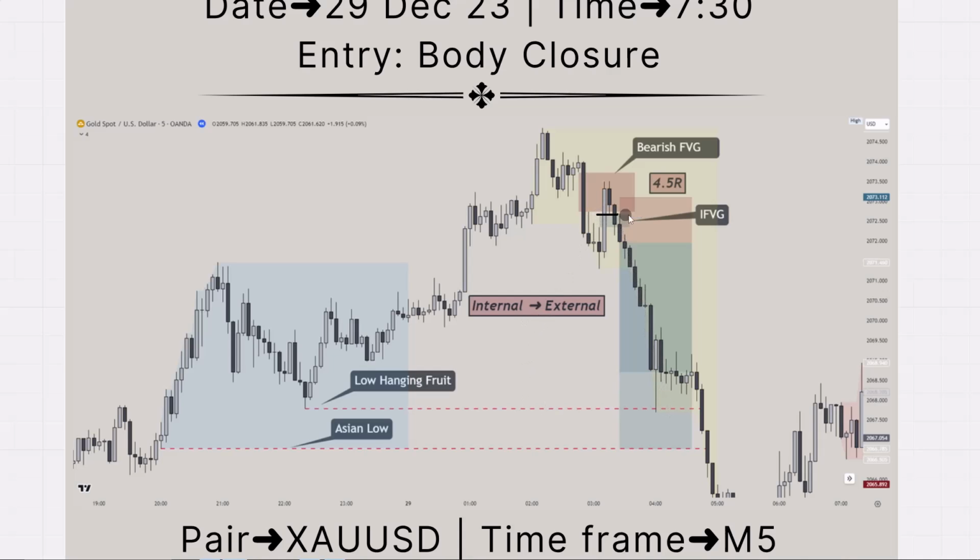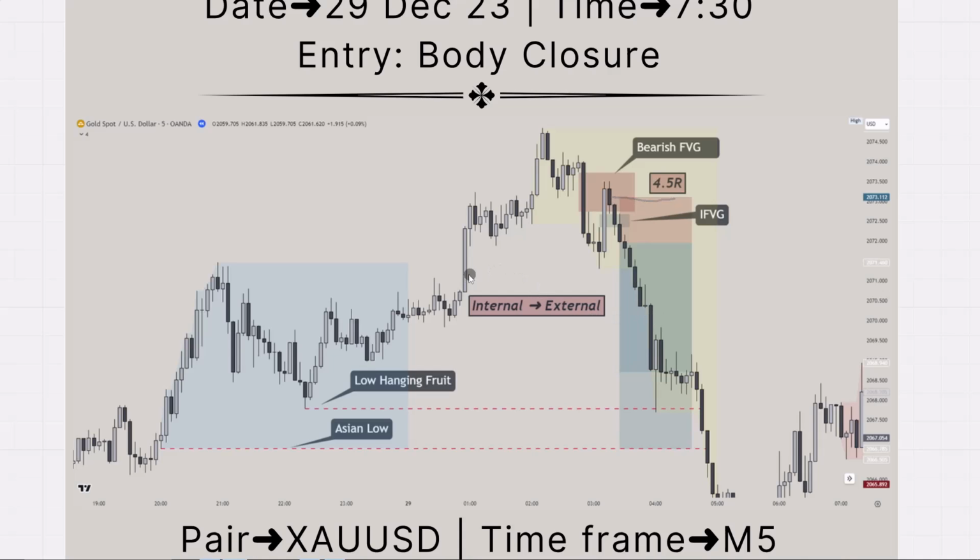So it's a bullish fair value gap, but we are already inside of a bearish fair value gap. When there is a violation of this fair value gap, it turns into an inverse fair value gap, and we can actually enter on a body closure below. This is the body closure, entering from here. Stop loss, either it could be above the high or above the inverse fair value gap. I put it above the inverse fair value gap, which is right here.